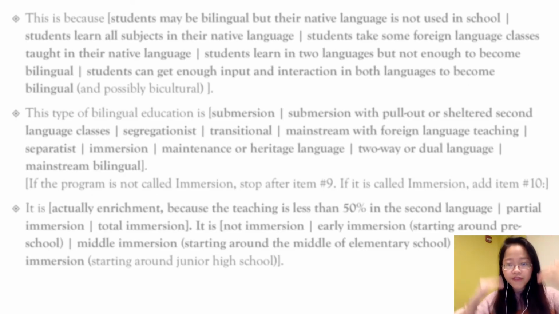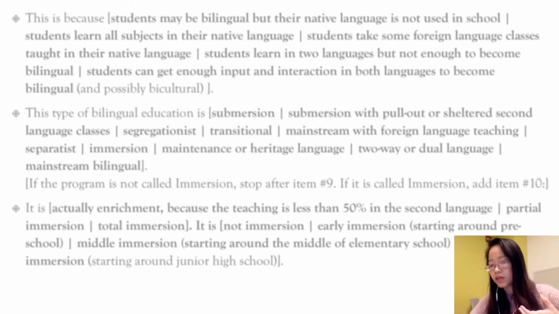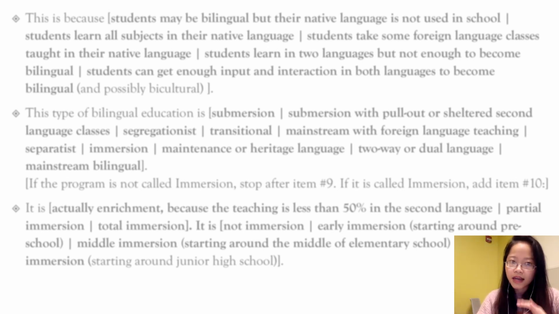And after you evaluate the context, you can also give me the explanation of how students learn inside the classroom. So I want you to describe why students develop bilingually or monolingually in that kind of program.